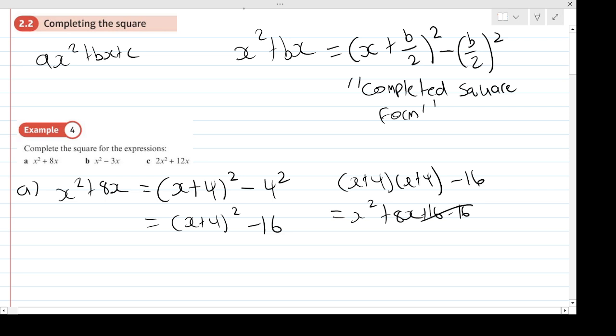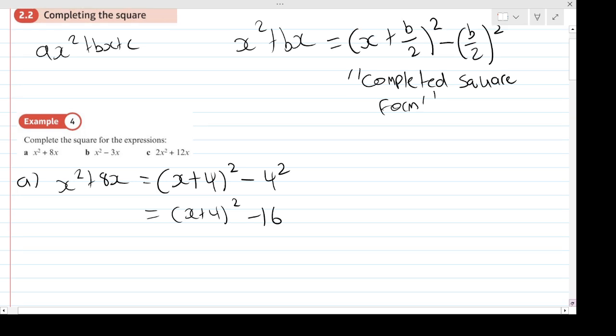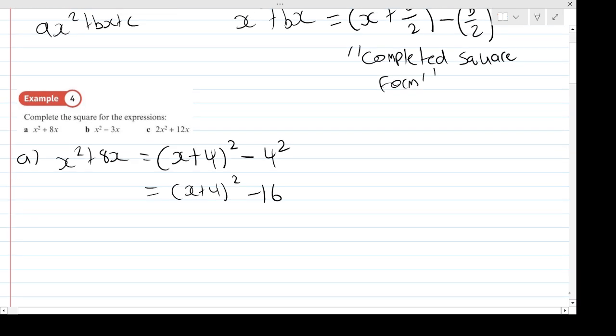The 16s cancel each other out, so I'm left with x squared plus 8x. So there we are, we can write it in this form. And if you are a bit stuck, wondering whether you wrote it in the right form, remember you can always expand your answer and go the other way to see that it's true. If you expand it like I just did, you should get back the original expression.